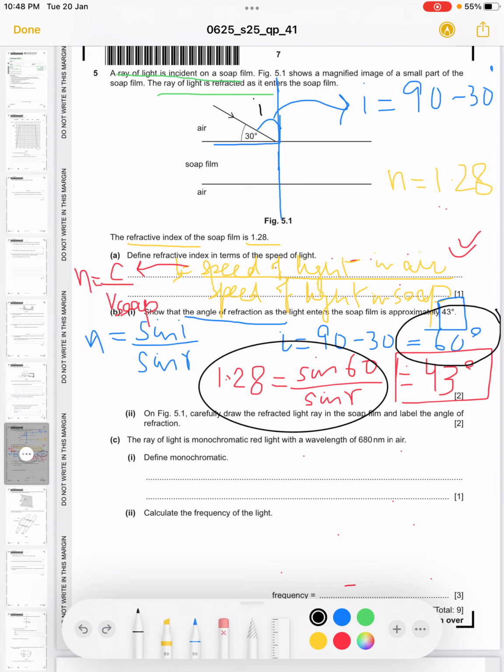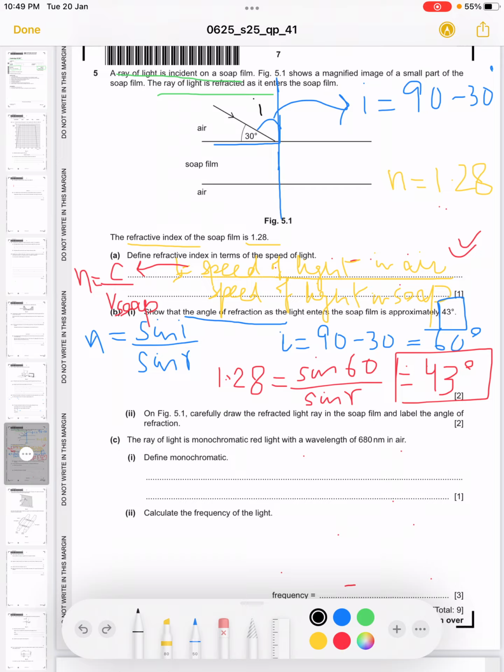Okay, now move to the next part, question number B part 2. Figure 5.1, carefully draw the refracted light rays in the soap film and label the angle of refraction.